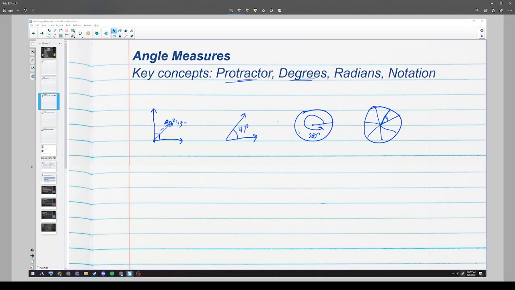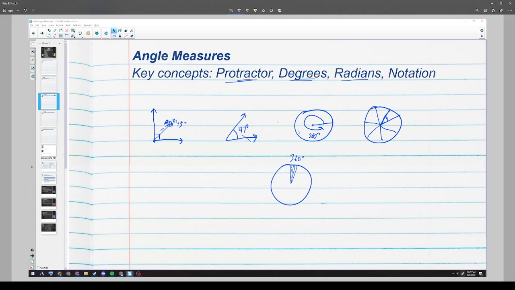Degrees is the one that we typically use in lower level math, and then in higher level math and science, we usually switch to one called radians. It's not too important to understand radians at this point, but I do want to mention them. So basically, we have a circle, and we said we could divide it into 360 tiny slices that would make up 360 degrees.